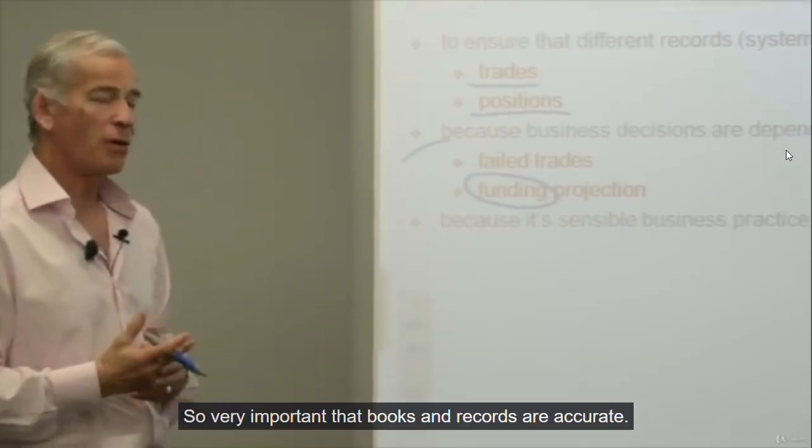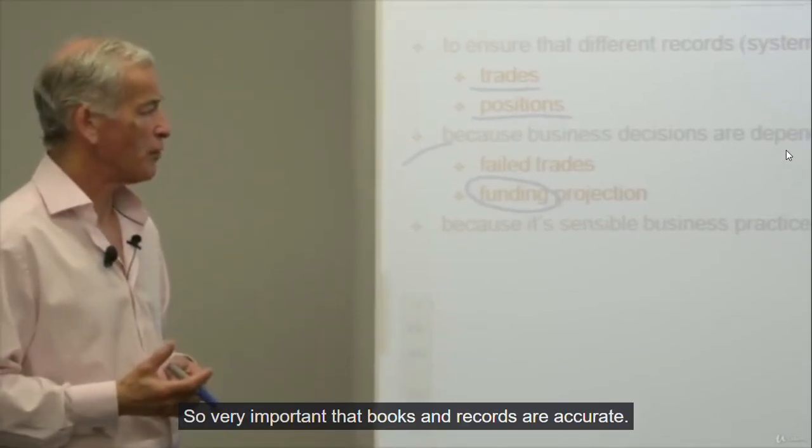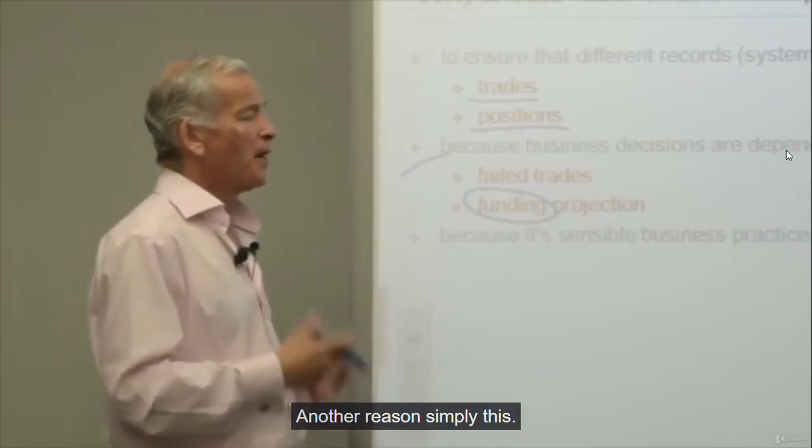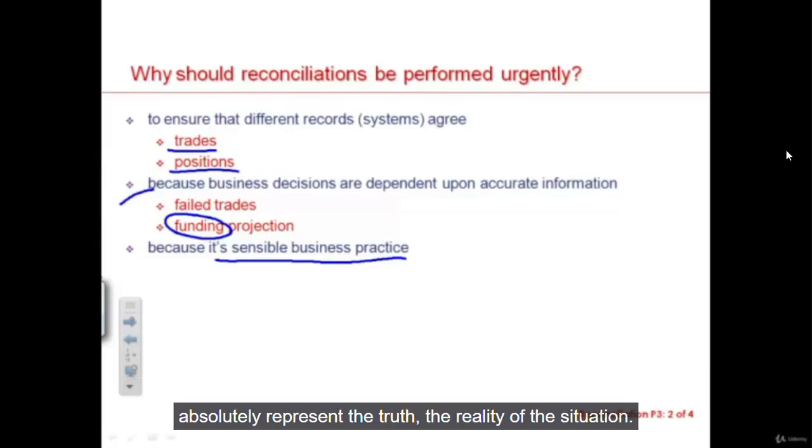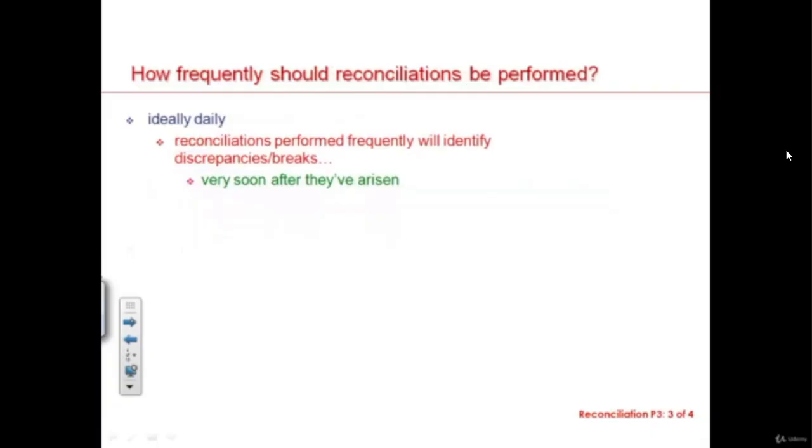So very important that books and records are accurate. Another reason, simply this: it is basic but sensible business practice to ensure that your systems and your books and records absolutely represent the truth, the reality of the situation.